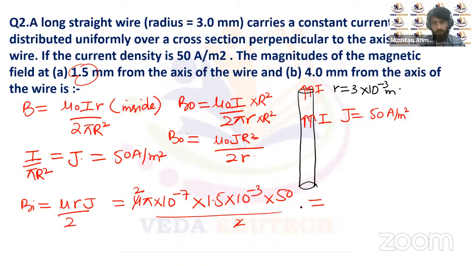We'll be left with 2 pi multiplied by 1.5 multiplied by 5, so it will be 10 to the power minus 9.